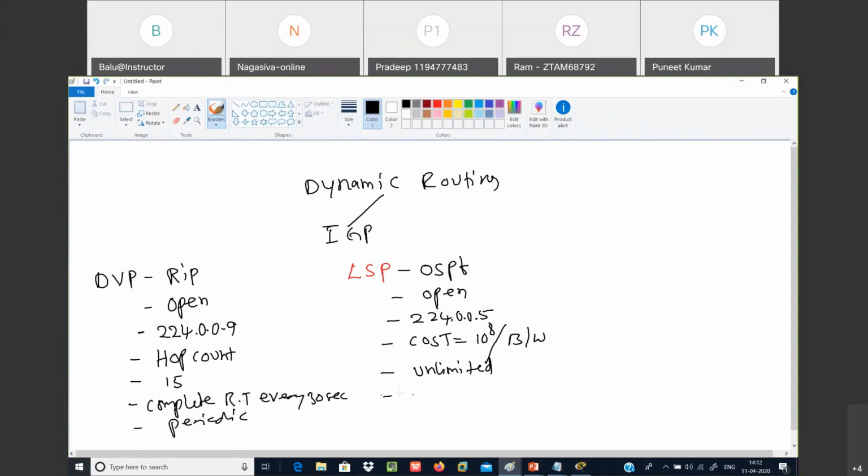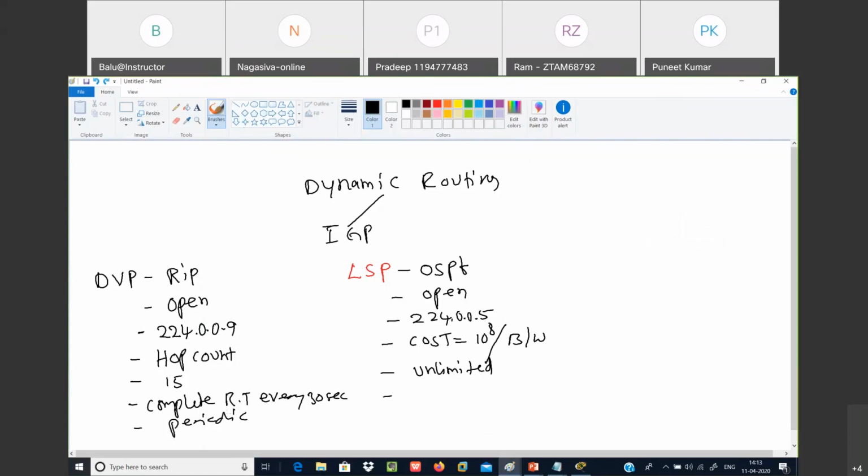And what is the update in the OSPF protocol? In case of RIP, the complete routing table is the update for every 30 seconds. But in case of OSPF, what is the update? I'm asking what information is inside the update packet. Yes, Pradeep, the type of updates is incremental. I'm asking about what is the update.